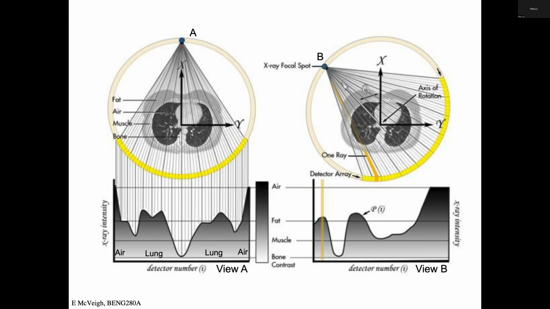And you ask the question, if I look at X-ray intensity as a function of position along my detector, here's my position, and I just look at one view, so it's a very small temporal window, small angular window, and I look at the middle detector here, which is going through the patient's sternum, their heart, bit of their aorta, and right through their spine. The fact it's going through the spine means a lot of X-rays get absorbed, and so when I look at my X-ray intensity, it drops here.